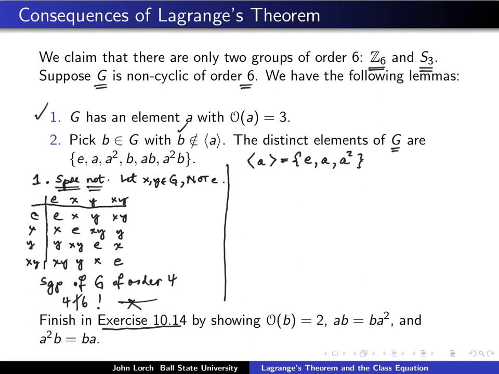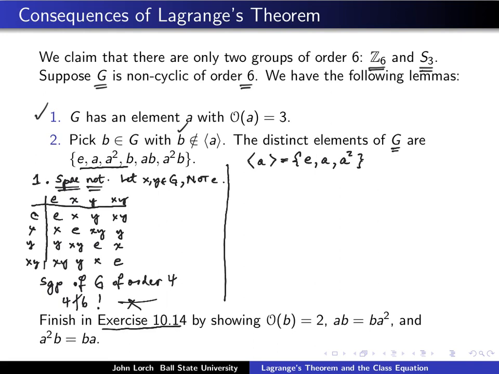So we know that E, A, and A squared are all different from each other. B can't be E, A, or A squared because we have chosen B not to be in the cyclic subgroup generated by A. So these 4, we know that they are distinct.